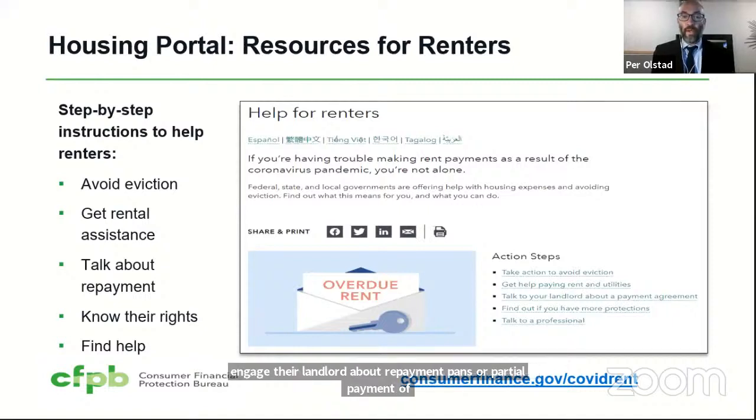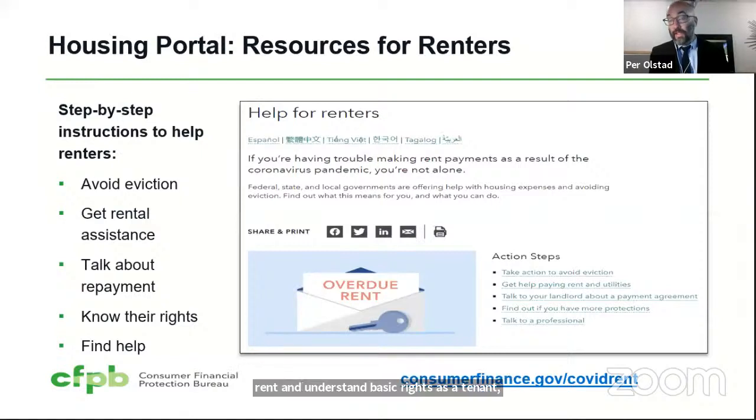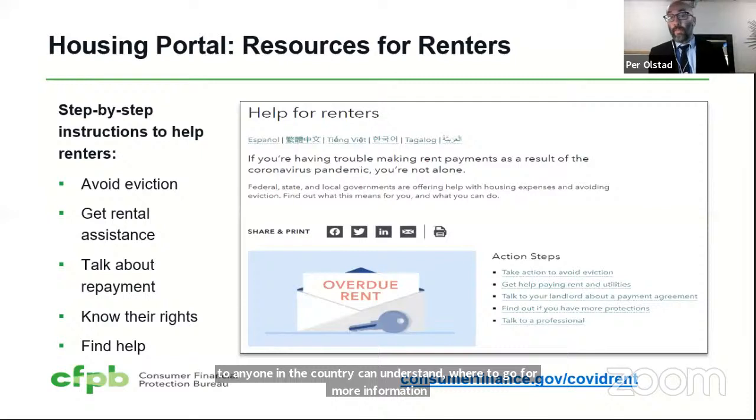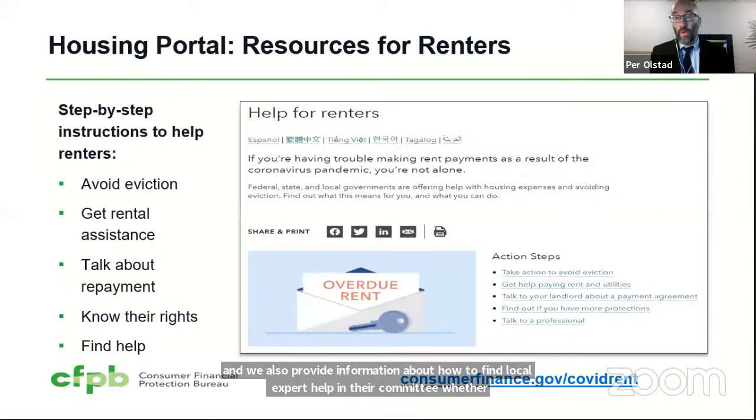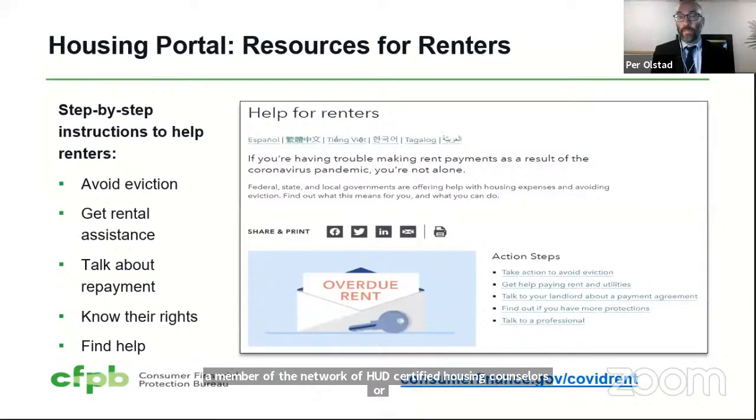Much of landlord and tenant law is at a state and local level, but we try to provide an overview of those rights so that anyone in the country can understand where to go for more information. We also provide information about how to find local expert help in their community, whether that's a member of the network of HUD certified housing counselors or free or low cost legal assistance. Connecting to a local expert can be critical in helping keep people in their homes.